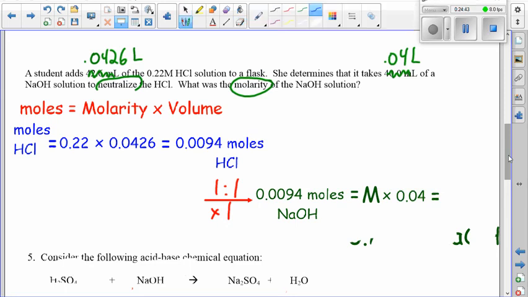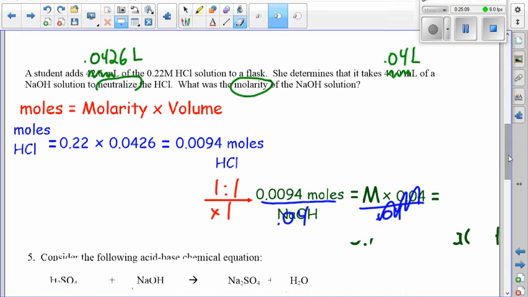So what do I have to do to both sides right here to get molarity by itself? You got it. These will cancel out here. So my molarity will be equal to 0.0094 divided by 0.04.